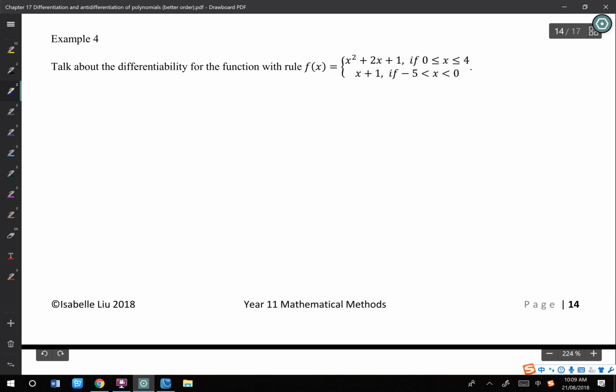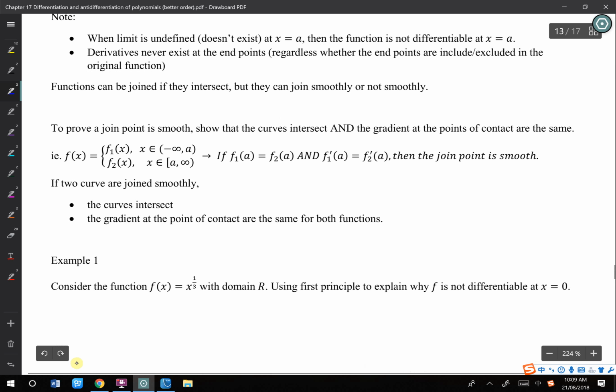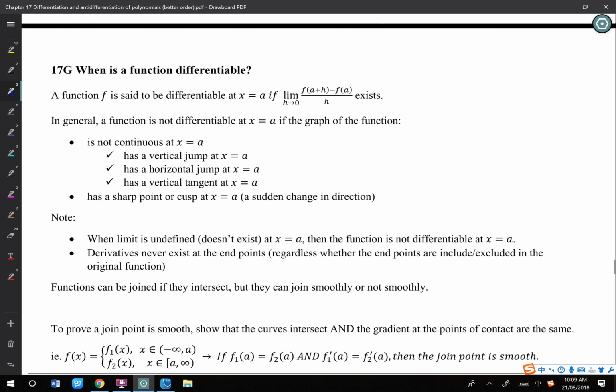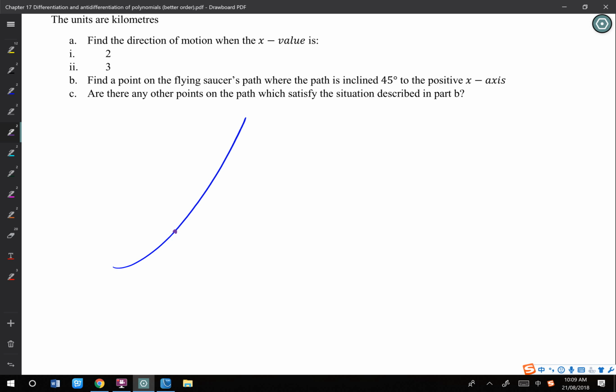Wait, one by one first. Which one? Oh, what angle you make to fly, like which way it goes. For example, if the flying path is like this, at this point the direction of motion changes every single time.